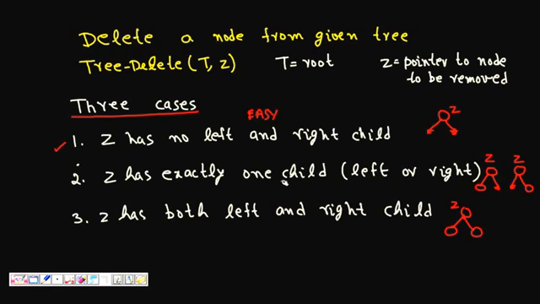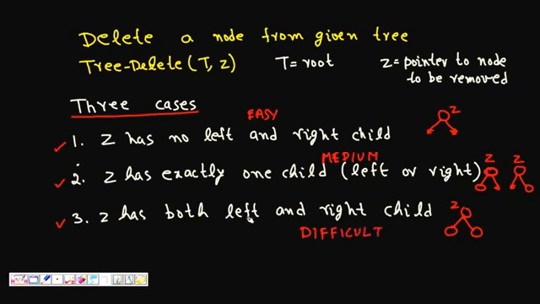The third is if Z has both the left child and the right child. So it's easy, medium and difficult, and we will look at how to solve the three cases.